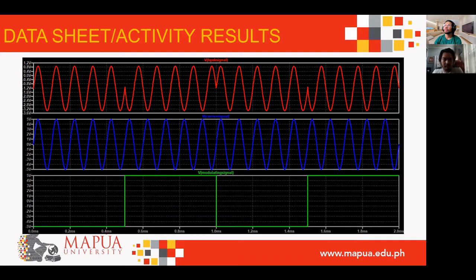The middle part, the blue labeled graph, is the carrier signal with a peak-to-peak value of 5 volts. When these two inputs are fed into the op amp, which functions as a multiplier, we get the output result, which is the BPSK signal, labeled red, on the upper part of the graph.